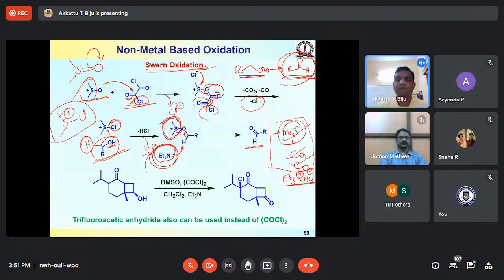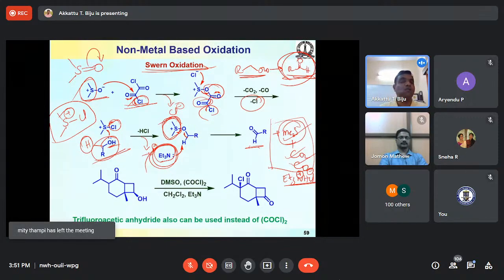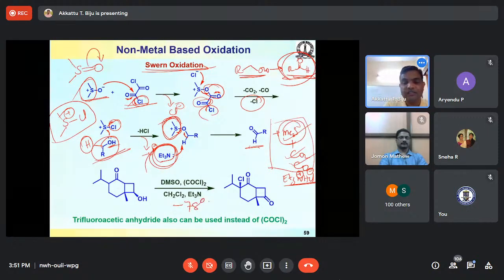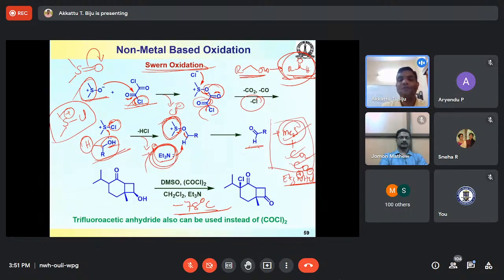All right, so whenever we do the Swern type oxidation reaction, these reactions are always carried out at a very low temperature of minus 78 degrees Celsius, because the reaction should proceed at a very low temperature.